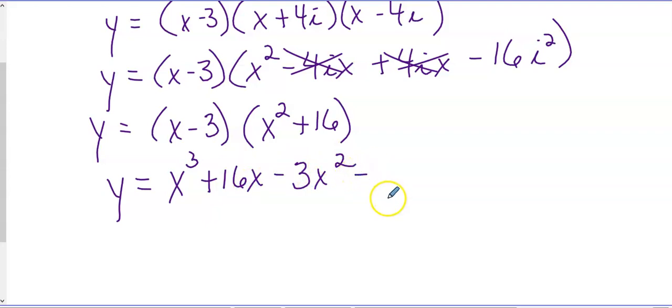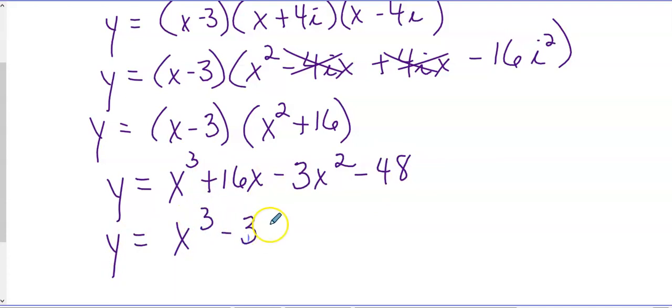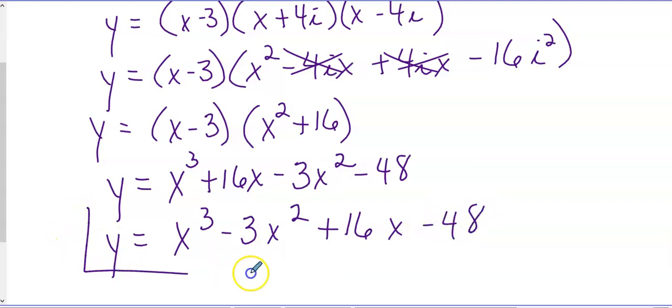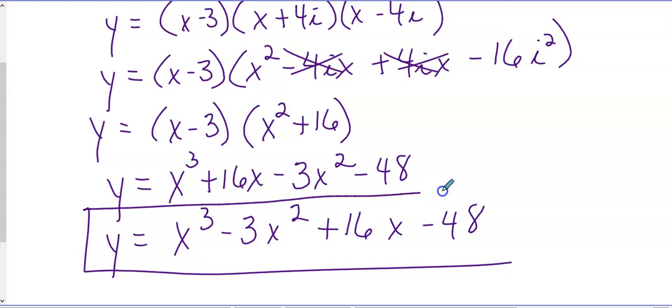And what is 3 times 16? That's 30, 18, 48. Minus 48. Let's rewrite it in standard form because I'm not quite there yet. x cubed minus 3x squared plus 16x minus 48. So we don't have any imaginary stuff in here if we write it in standard form. All right, that's it. I'll see you tomorrow.